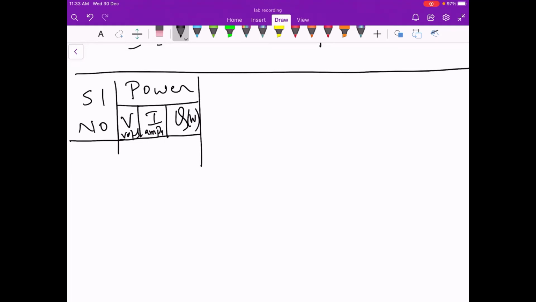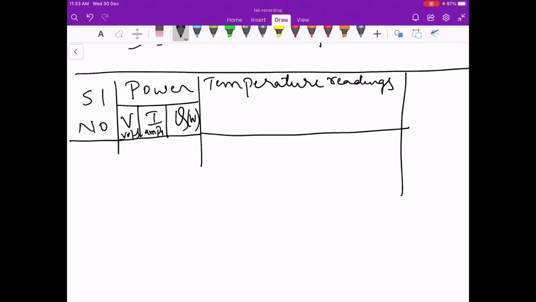Correct? Next you have temperature readings. Finally what we want is T surface minus T fluid.